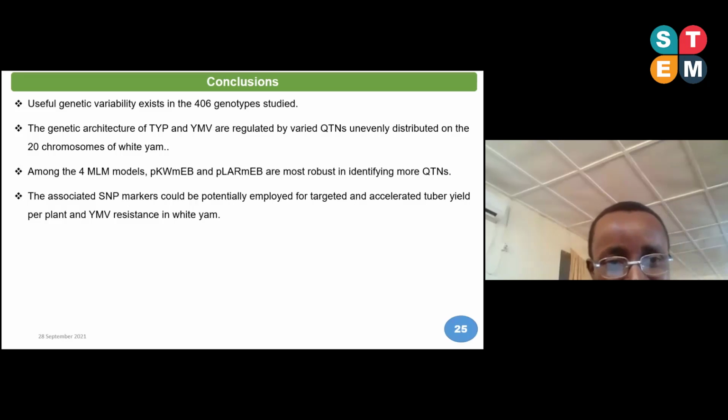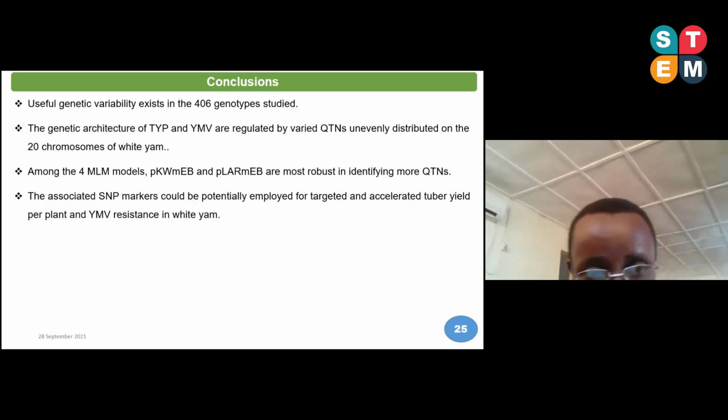Also, among the 4 multi-locus models that we used, the PK, WM, EB, and PLA and EB are most robust in identifying more QTNs.